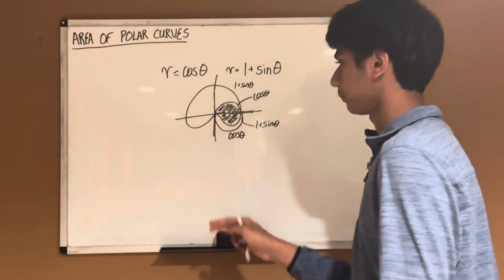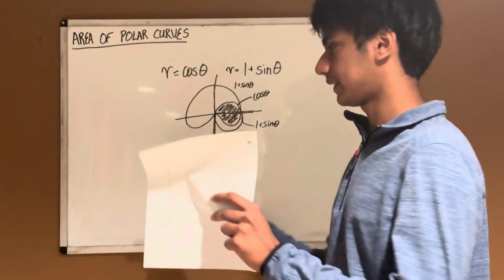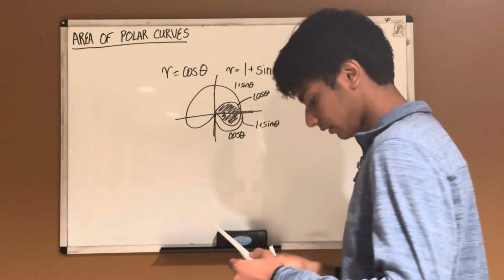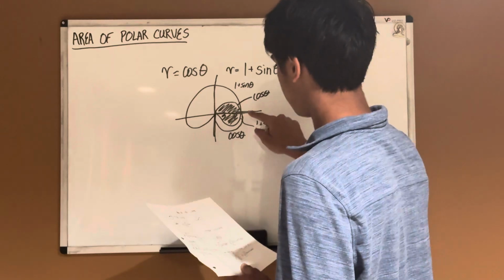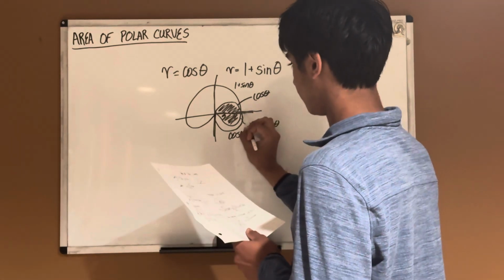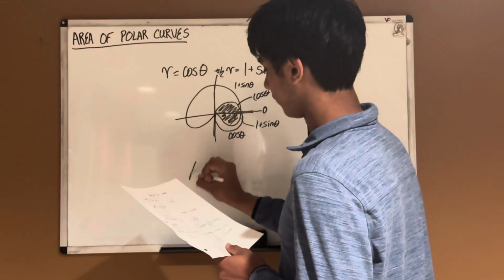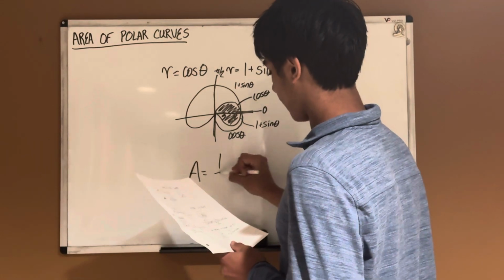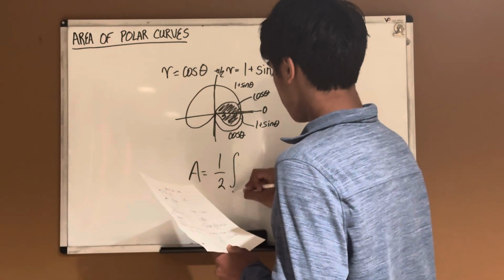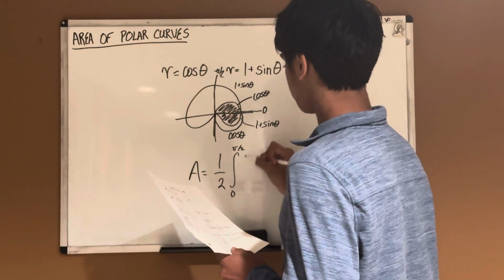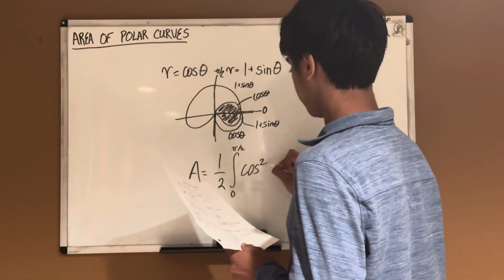The idea here is we're breaking it up into two integrals that we can then add together. So we first find the cosine theta integral from here to here. This is 0, this is pi over 2. So our first area is equal to 1/2 the integral from 0 to pi over 2 of cosine squared theta d theta.